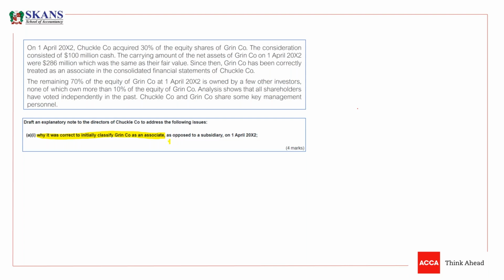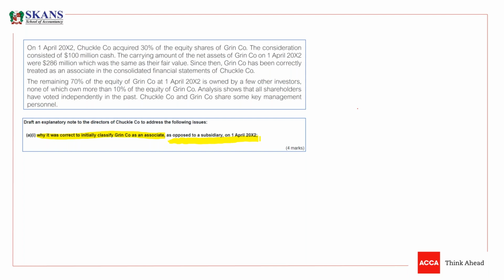So the requirement is not only to write why this company is an associate, but you also have to discuss why this company is not a subsidiary.